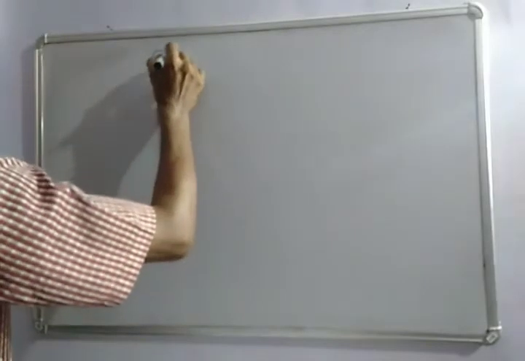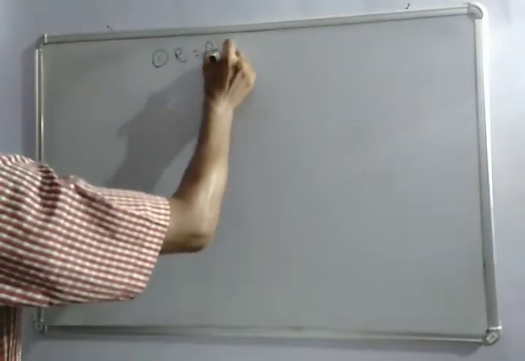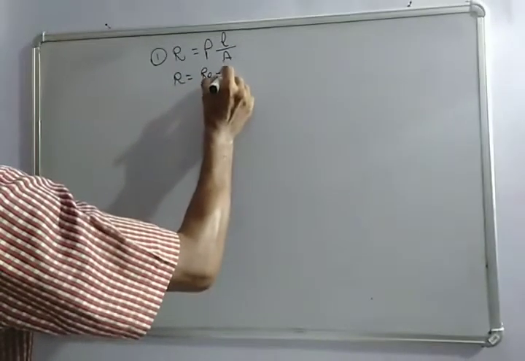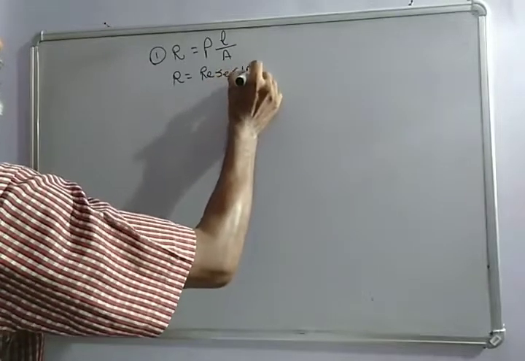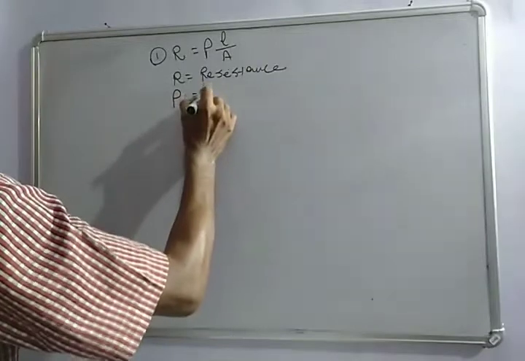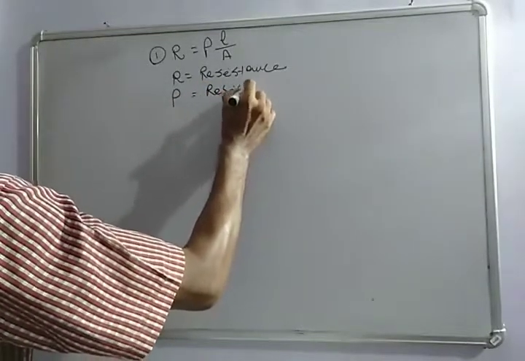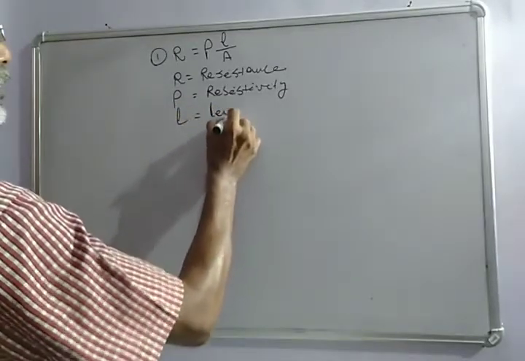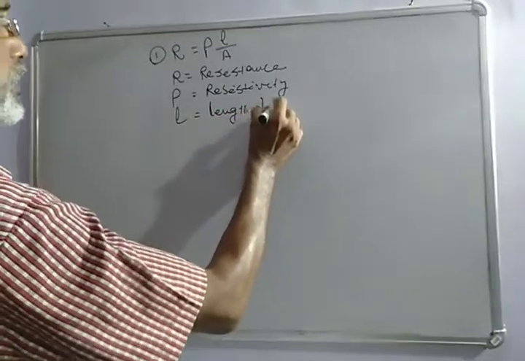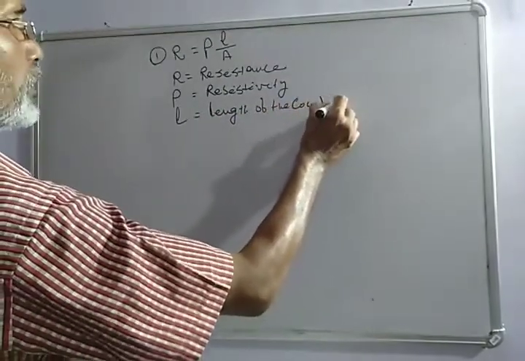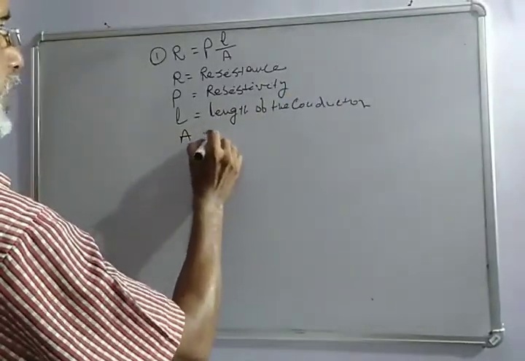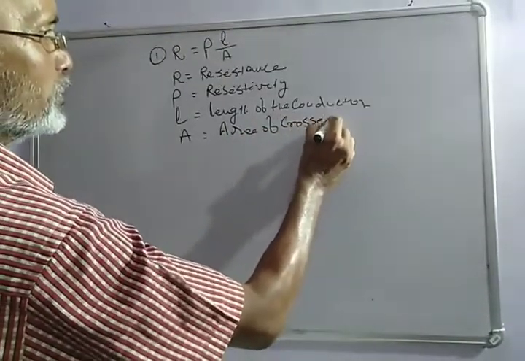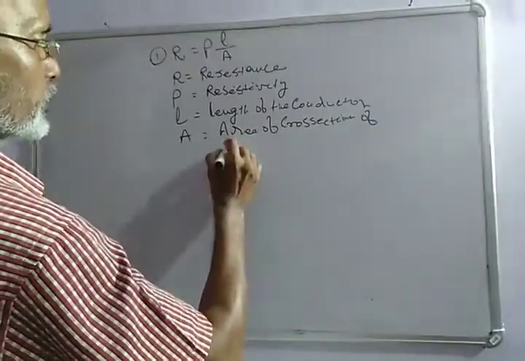Number 1, R is equal to rho L by A, where R is resistance, rho is resistivity, L is length of the conductor, and A is area of cross section of the conductor.